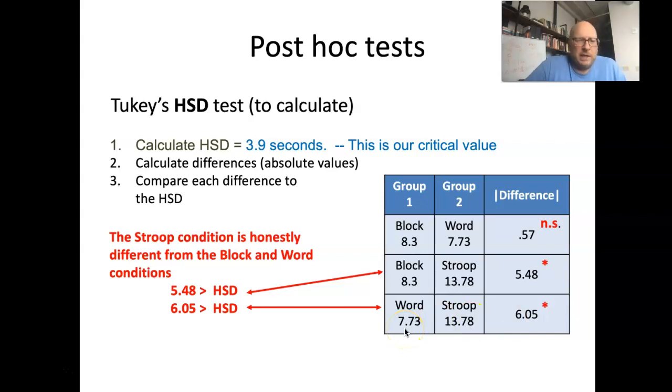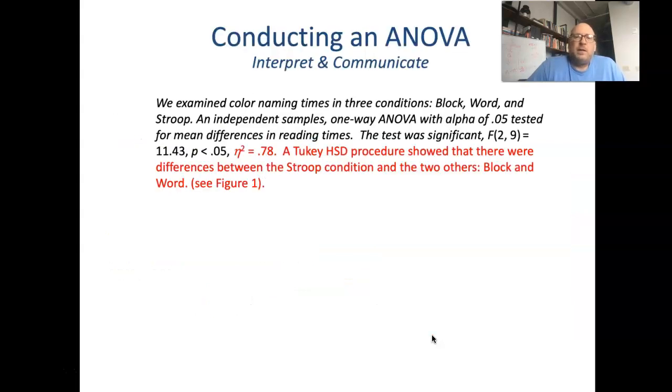So, in conclusion, what I can take from this is that the block and Stroop condition are different. The word and Stroop condition, basically the Stroop condition is different from the others. And so I can go back here to this text, which I wrote at the end of our F-test last time, and add to it in red that eta squared is 0.78, and that a Tukey HSD procedure showed that there were differences between the Stroop condition and the others.